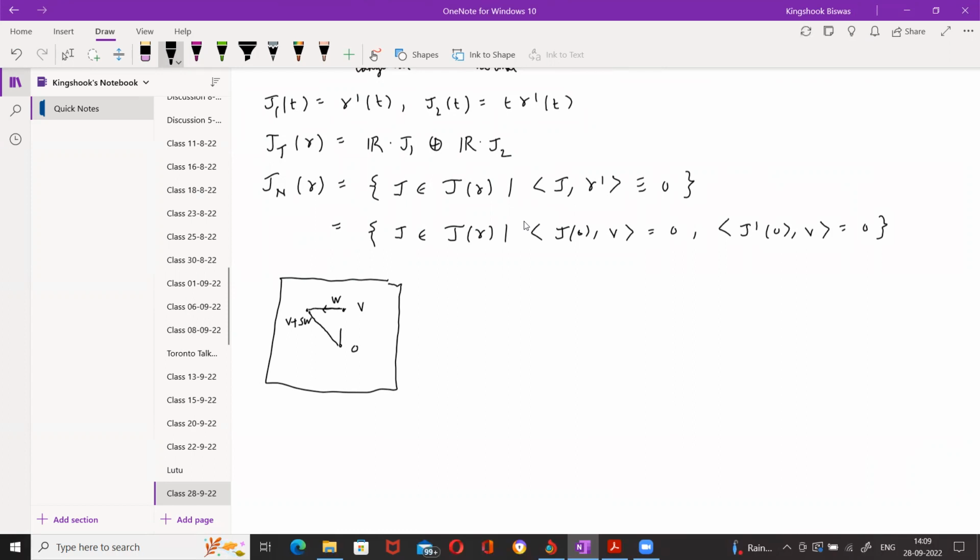So exponentiating these vectors v and v plus sw will give me a one parameter family of geodesics in M. So this is in T_pM, and the image is in M.